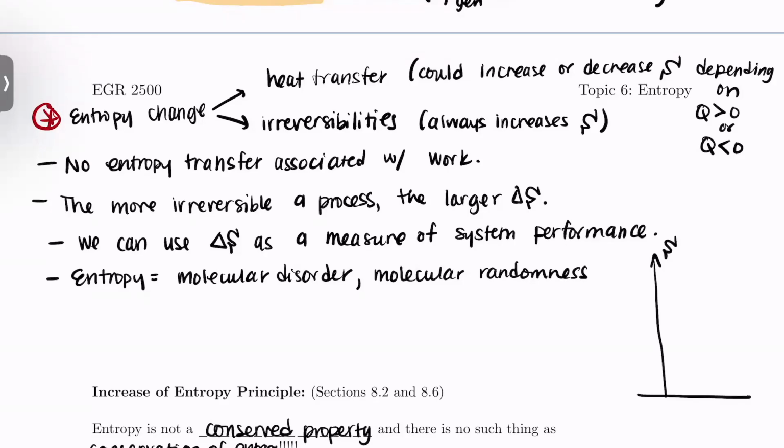So based on the idea of entropy being associated with more molecular randomness, where on this scale would you put solids, liquids, and gases? Any ideas?